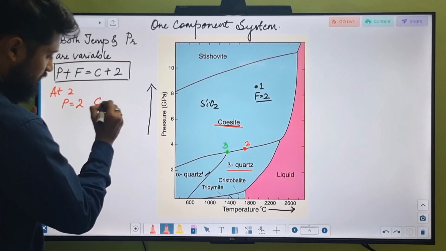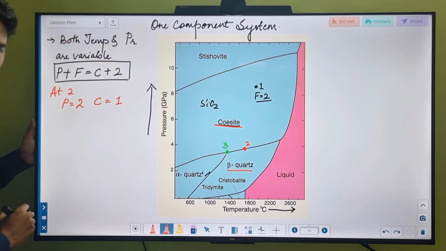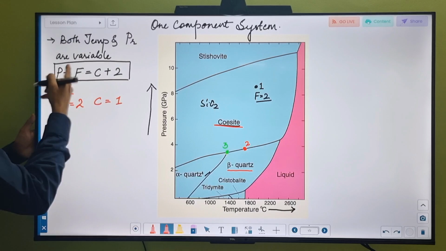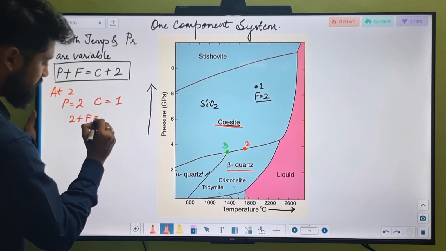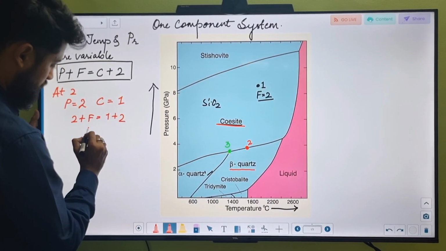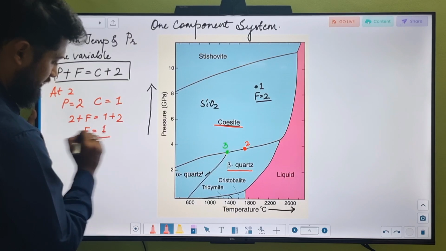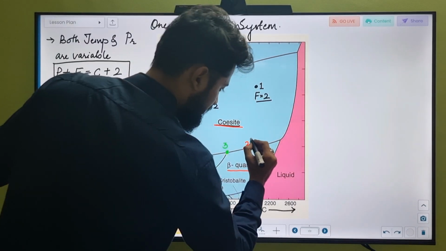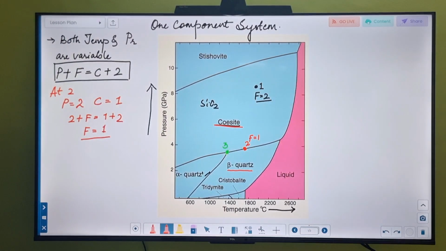Then components again, both are SiO2, so this will be 1. Putting these values in the formula, 2 plus F is equal to 1 plus 2. So F will be 1. So here the degree of freedom will be 1.